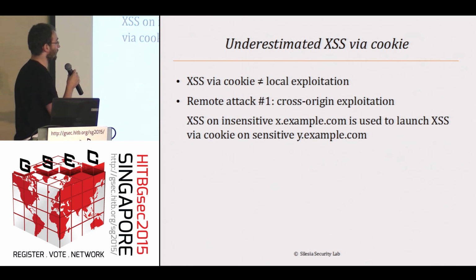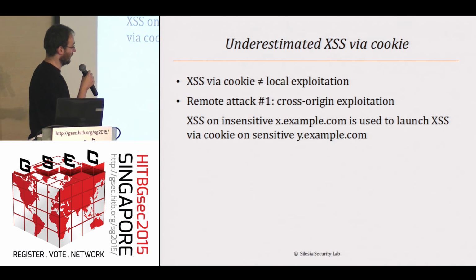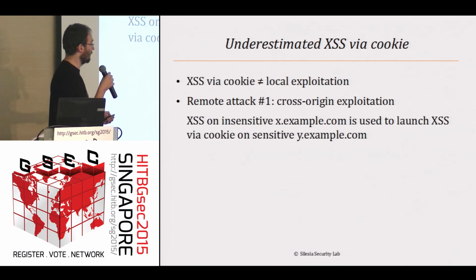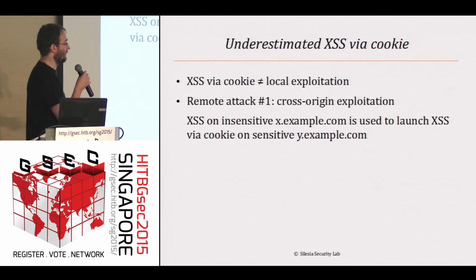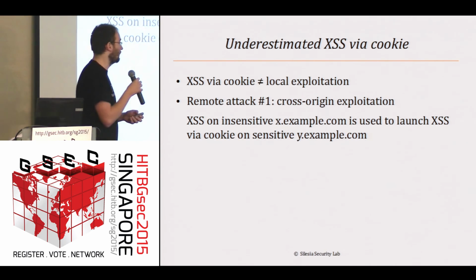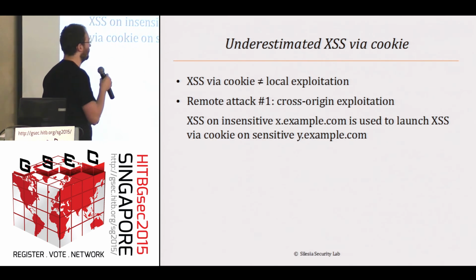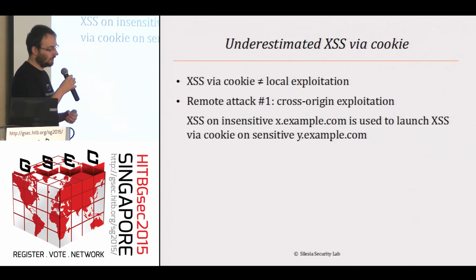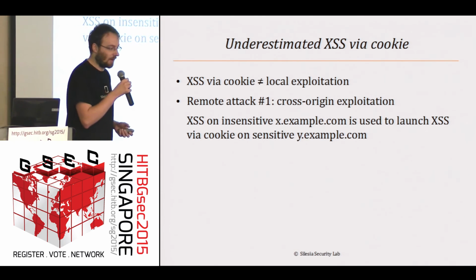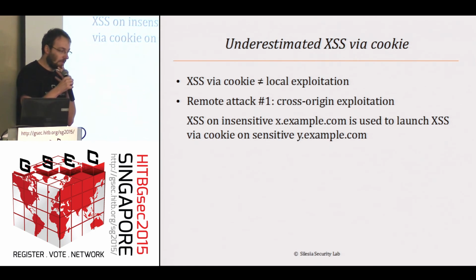We've got a sensitive domain y.example.com and an insensitive x.example.com. What is common is example.com. They are both subdomains of example.com. And now you are doing pen testing, and you have found XSS via cookie on the sensitive domain, and you are very happy. And this is obvious why you are very happy, but the question is how to launch this attack remotely.